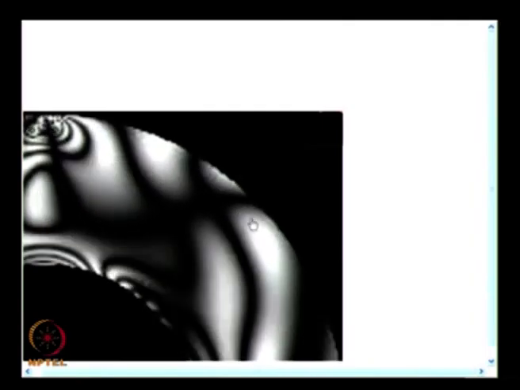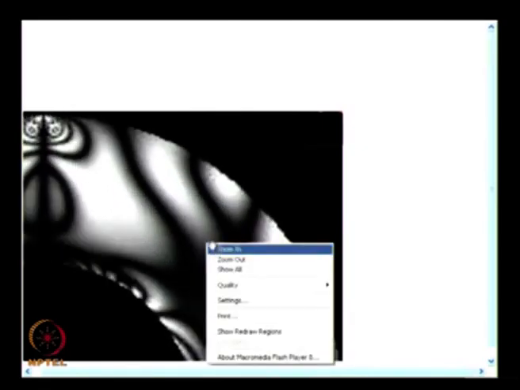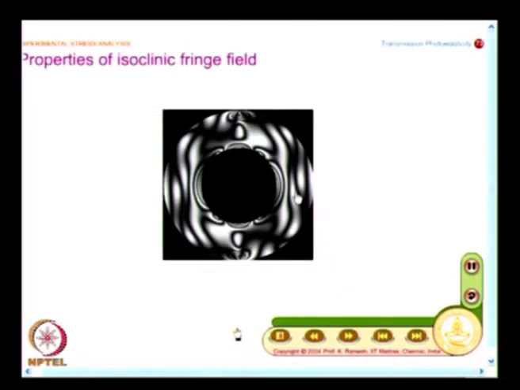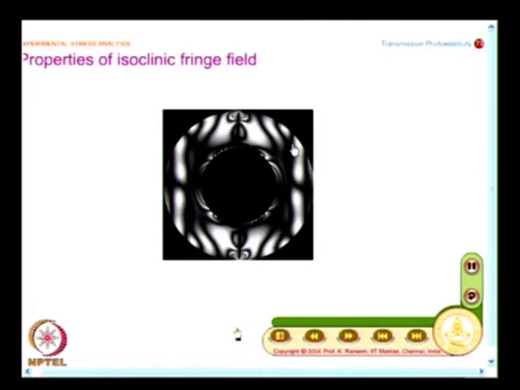And many things you can understand, this is happening in a particular fashion, the way the polarizer analyzer combination is rotated. Here all isoclinics pass through, but it moves in a particularly different fashion than what you find in this. Here it is anticlockwise, here it is clockwise.